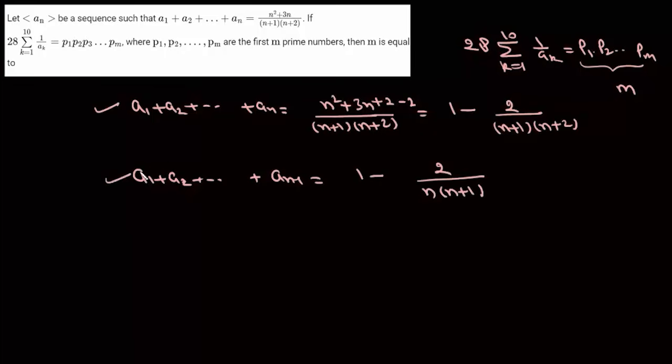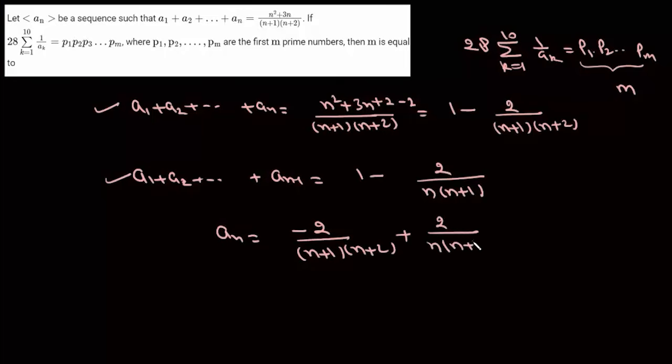Now if we subtract this second from first, everything will get cancelled. On the left hand side we'll get an, and it will be equal to minus 2 upon n plus 1 n plus 2 plus 2 upon n plus 1.